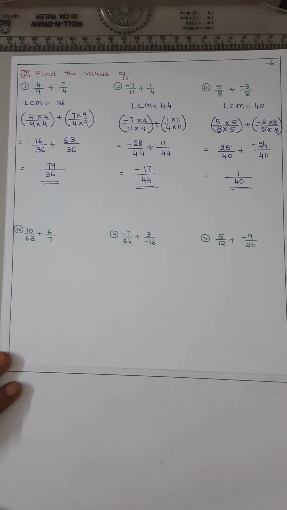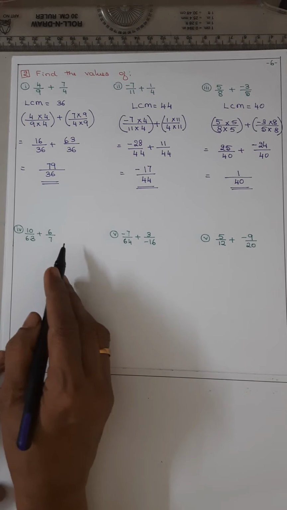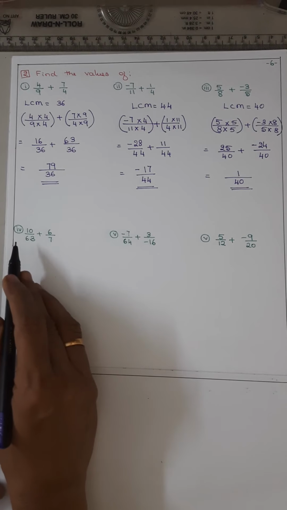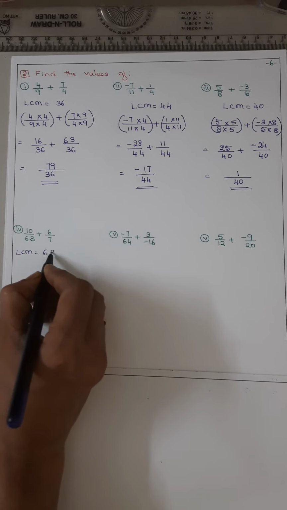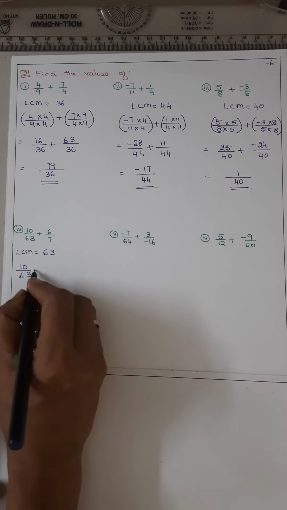Now coming to the fourth subdivision, 63 and 7. 63 is the bigger number. 7 के table में 63 है. That is why LCM is equal to 63. Now 10 by 63 remains the same.